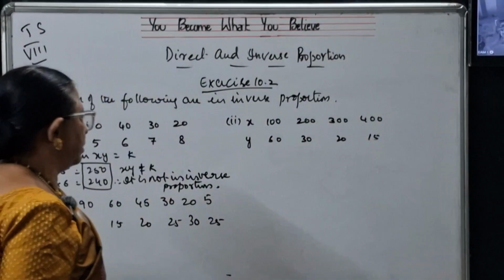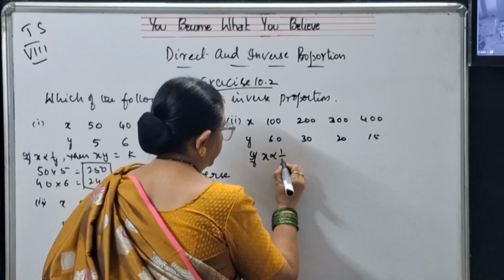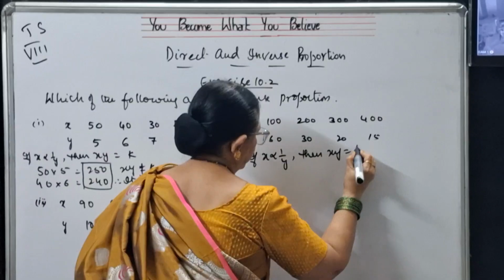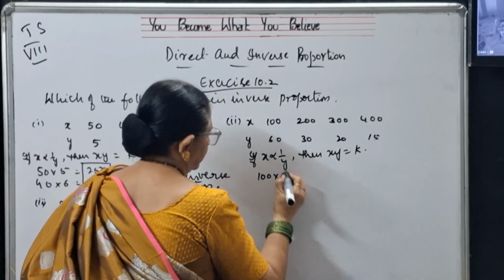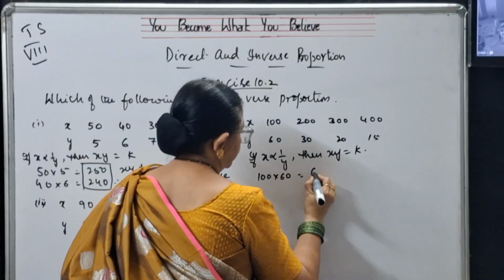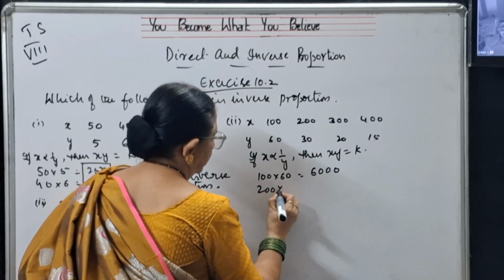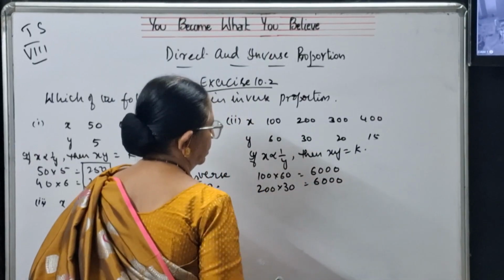So here second bit, if x is inversely proportional to y, then x into y should be equal to constant. So 100 into 60, x into y, 6,000. 200 into 30, 2 3s are 6, 6,000.